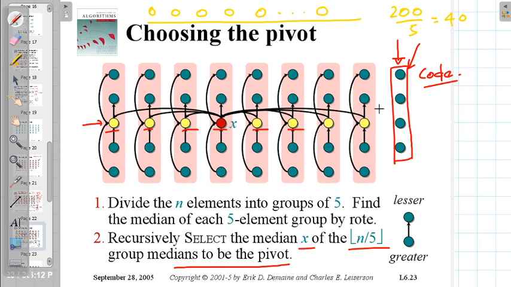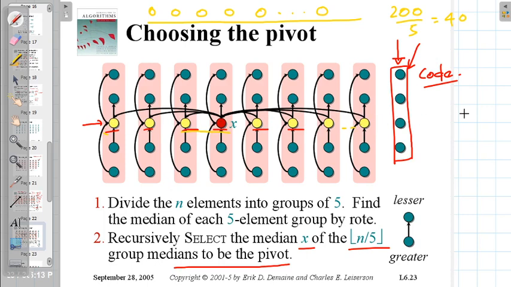And then these 40 elements again we have to divide into groups of 5. So 40 elements means these many elements, and then we will have 8 groups.